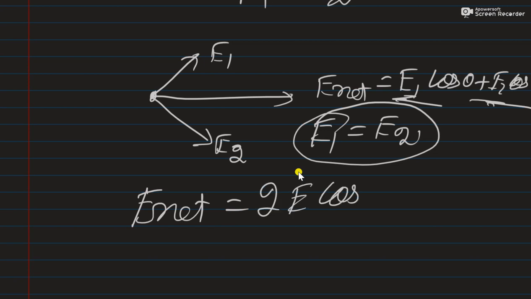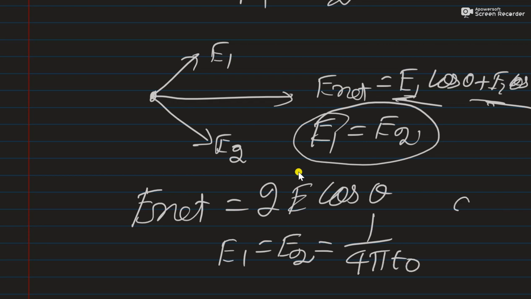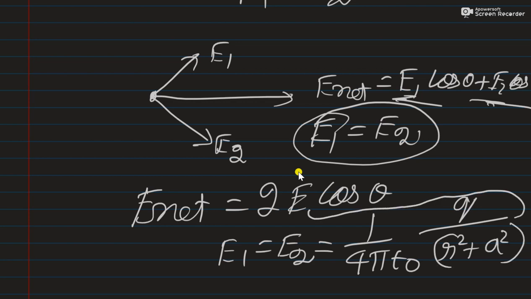2E cos theta. Already we found E1 is equal to E2 is equal to 1 divided by 4 pi epsilon naught Q divided by R square plus A square. So I am going to substitute this equation in this E value. Just a small substitution.